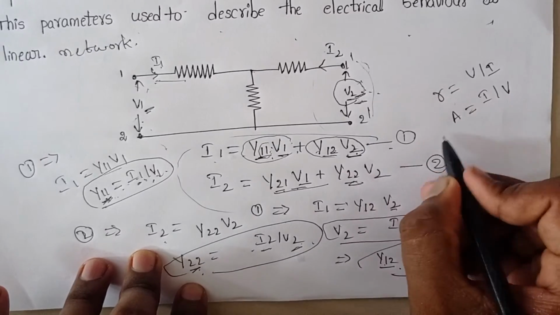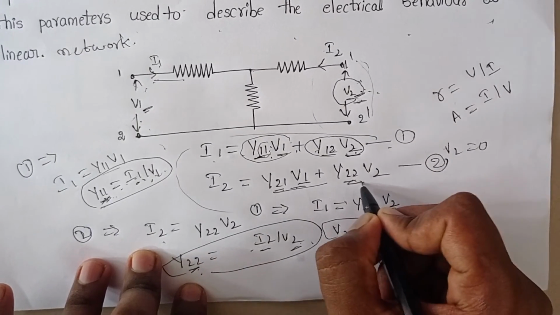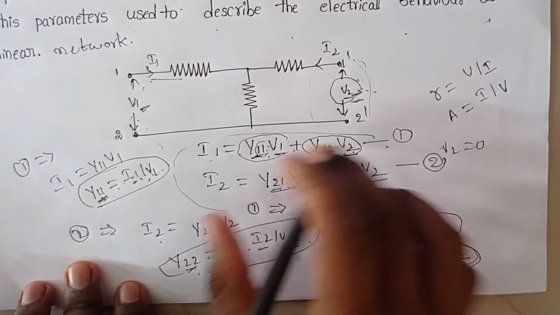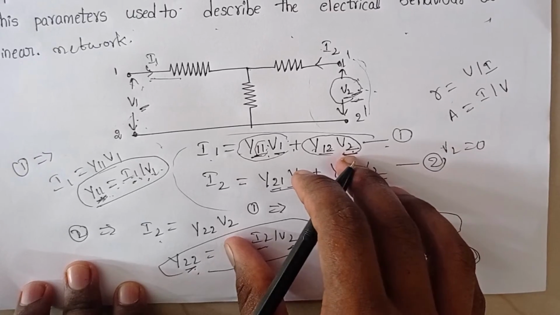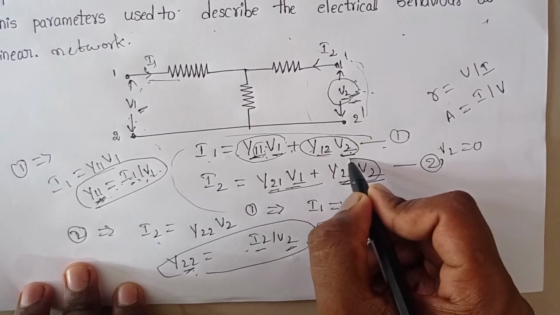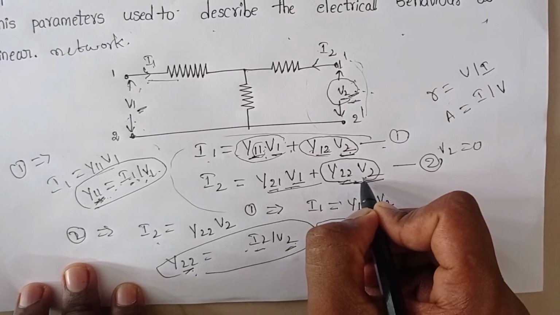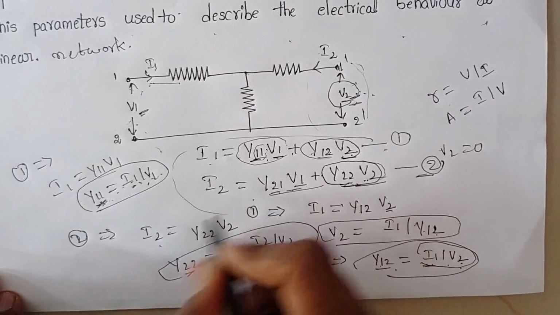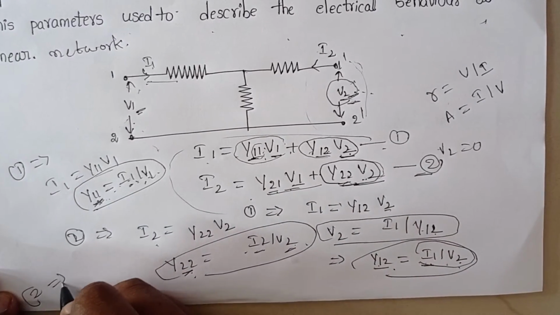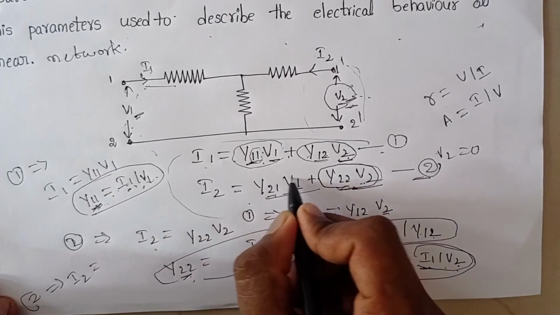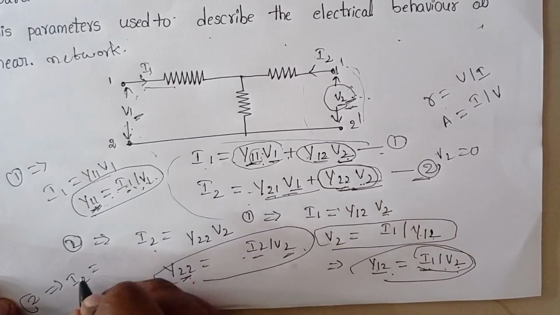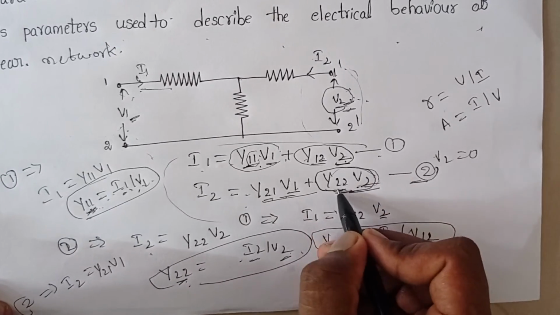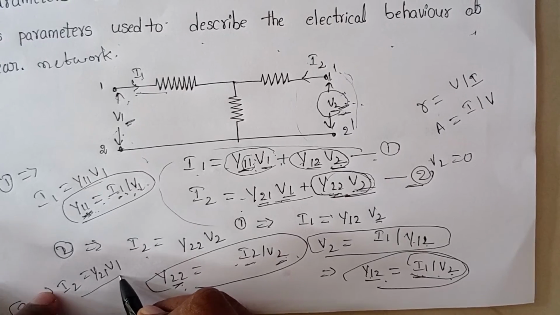Next, substitute V2 equal to 0 in equation number 2. Simply assume it for our calculation purpose. When V2 equals 0 in equation number 2, this entire term becomes 0. Then the second equation becomes I2 equal to Y21 V1, because the V2 term becomes 0.